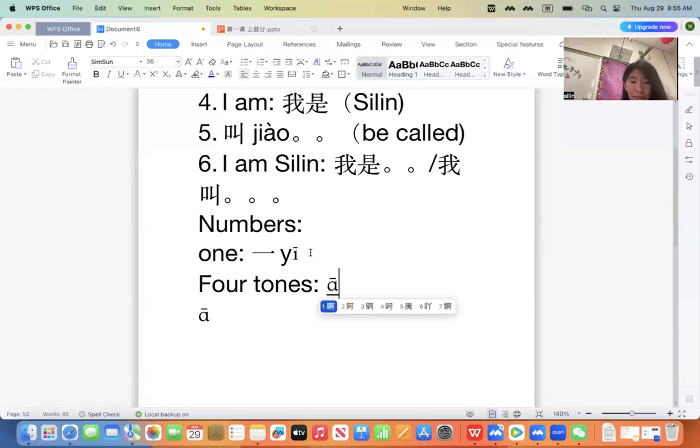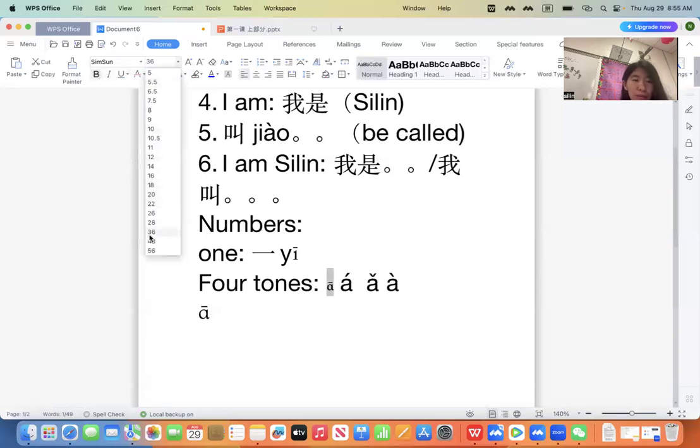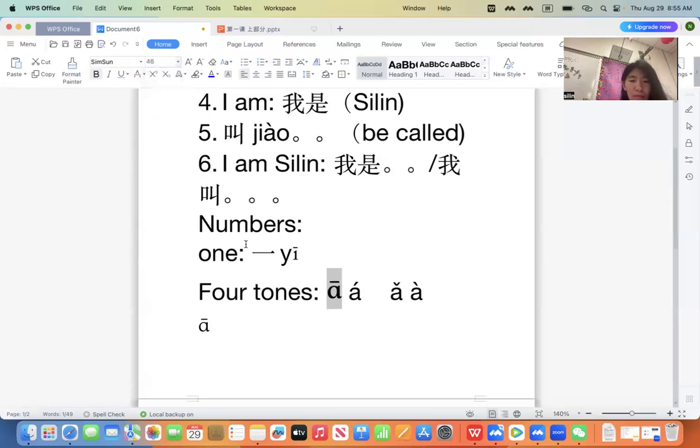ā, and the second one, á, the third one, ǎ, and the last one, à.